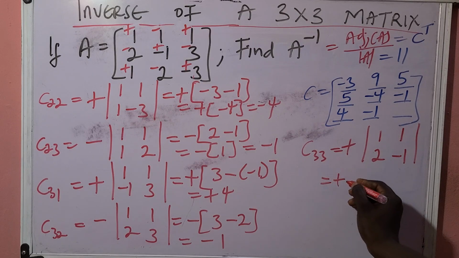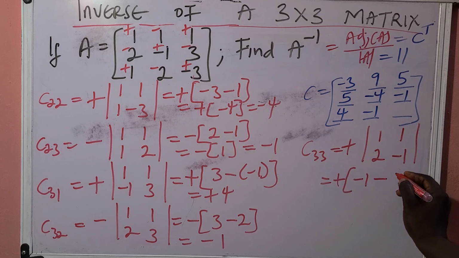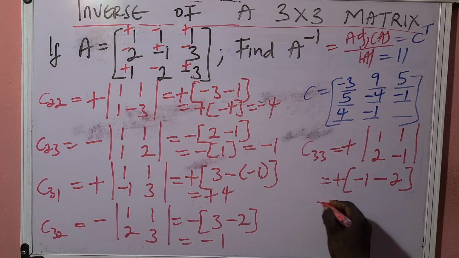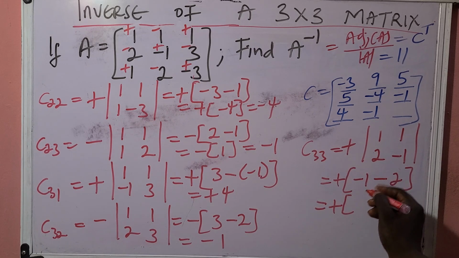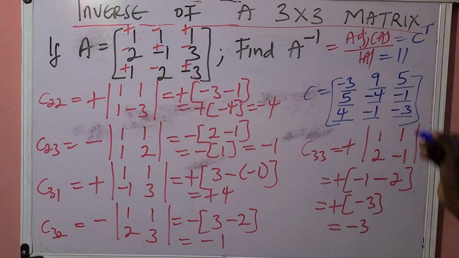This will be plus 1 times minus 1, that will be minus 1, minus 2 times 1, that will be 2. This will be plus minus 3. Plus times minus, that's minus. So we have a value of minus 3 as the last element there. So we've been able to find our cofactor matrix.